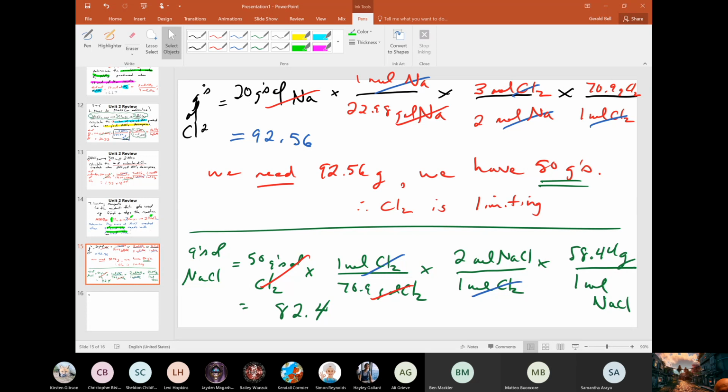I swear we have done this all properly. Maybe that 92 we calculated earlier is wrong. Maybe we'll double check that. Times 3 times 70.9. Divided by 2. No, I got the same answer there.